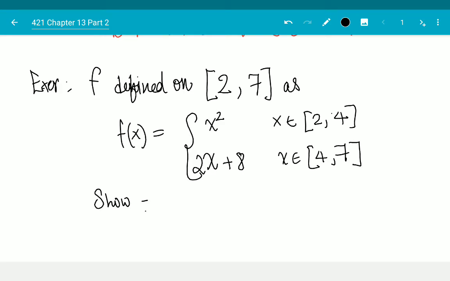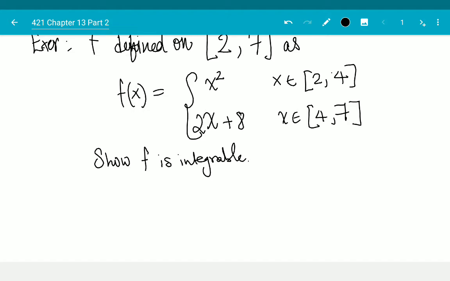Show f is integrable. Okay, and maybe if you want, find its value later on. Easiest thing, check if it is continuous on the entire thing.